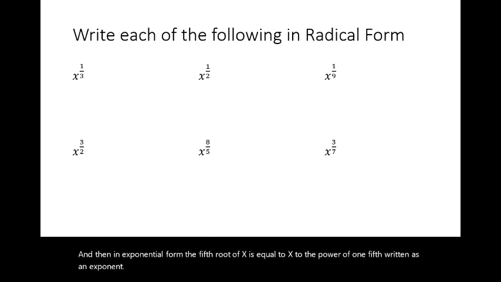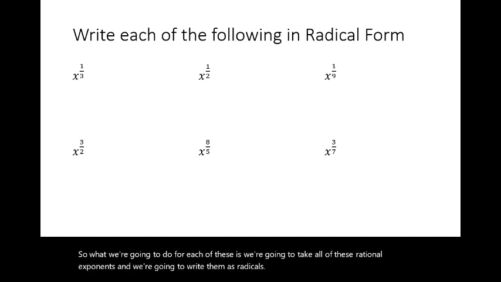So what we're going to do for each of these is take all of these rational exponents and write them as radicals. If you've noticed, the denominator of your exponent is the index of your radical.